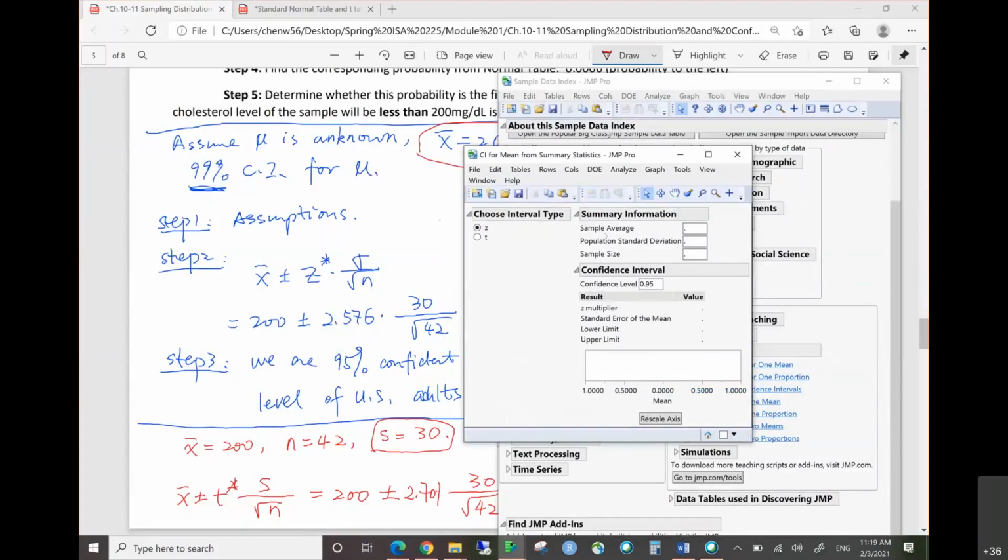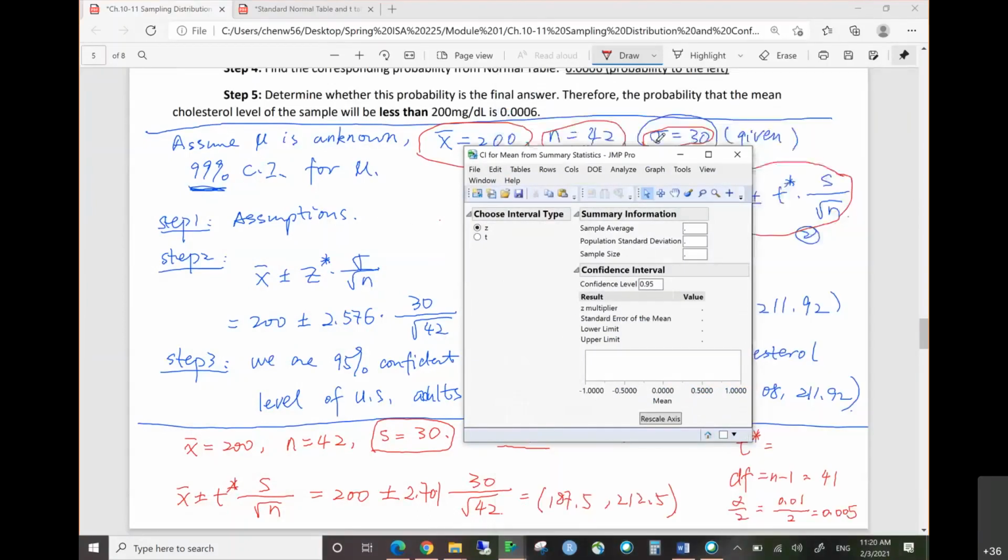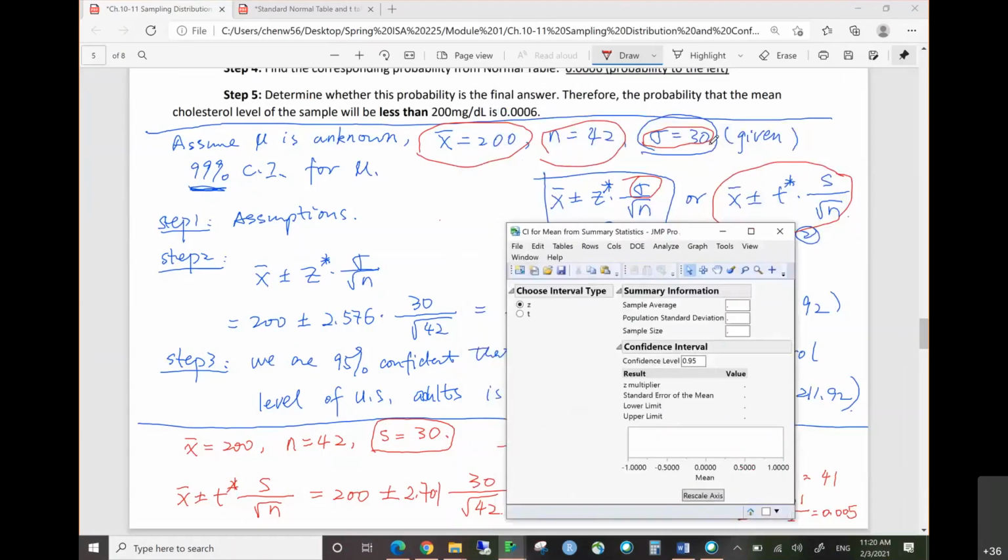In the mean example in our notes, we first assume we know the population standard deviation equals 30.